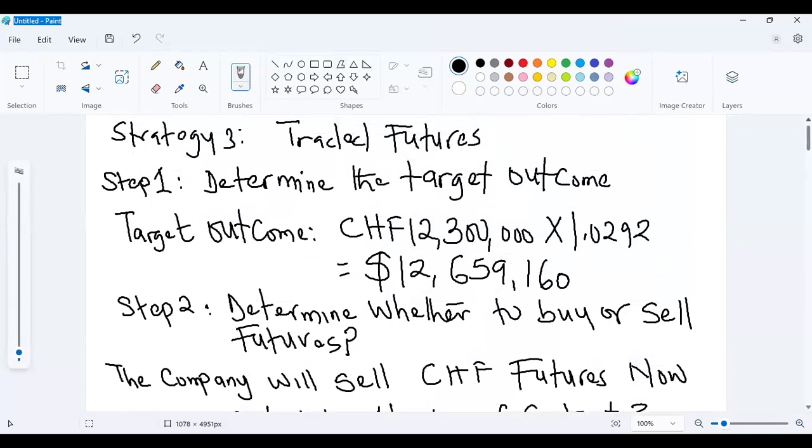Okay, go ahead. So now we are calculating the number of contracts needed, and the exposure value we are using is still the 12,300,000. I'm kind of confused. I actually thought we were going to use the 12,659,160.